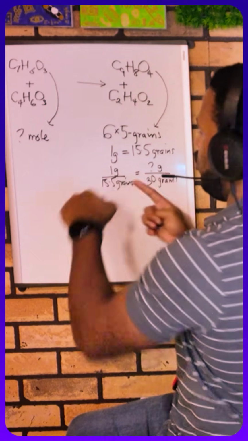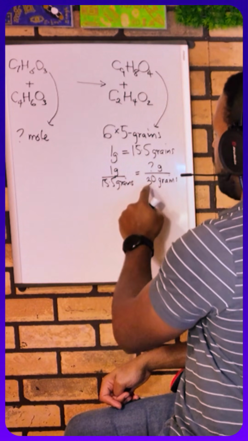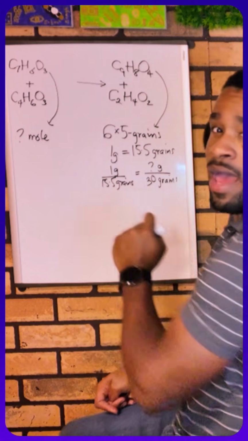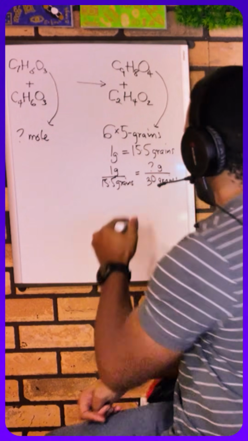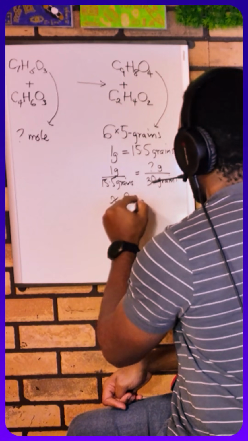When you do your cross multiplication, that means we divide our 30 by our 15.5, which gives us roughly 2 grams of aspirin.